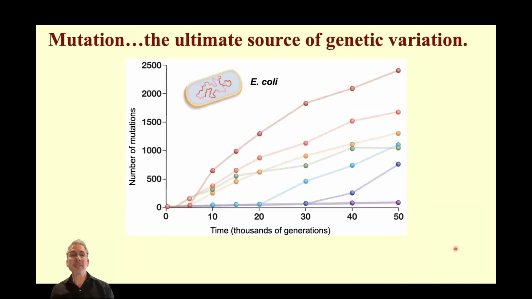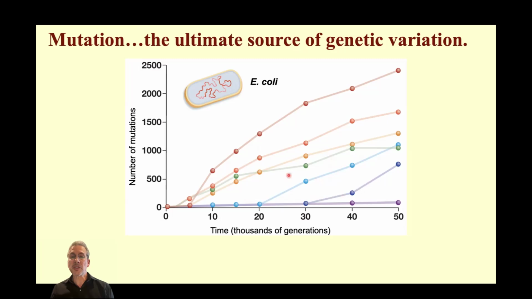And then finally, we have to mention mutations. Of course, mutations can occur, they do occur, and this really is the ultimate source of genetic variation. Yes, we can have different frequencies of alleles changing over time, but mutation gives us new alleles with which to work. So this graph here just illustrates some experiments done on E. coli, several populations over the course of many, many generations.